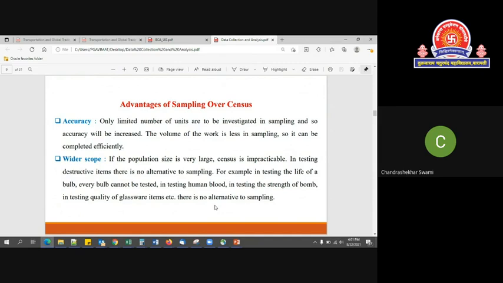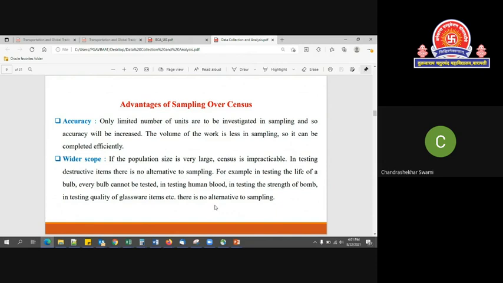If you consider very few units from the population, then the information is collected more accurately. The volume of work is less in sampling, so it can be completed efficiently.